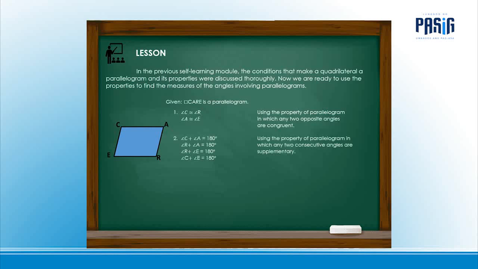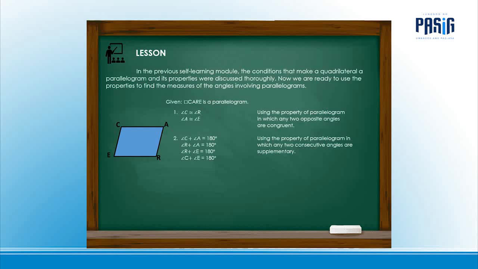If quadrilateral CARE is a parallelogram, then angle C plus angle A is equal to 180 degrees. Angle R plus angle A is also equivalent to 180 degrees. Angle R plus angle E is equivalent to 180 degrees. And angle C plus angle E is also equivalent to 180 degrees.